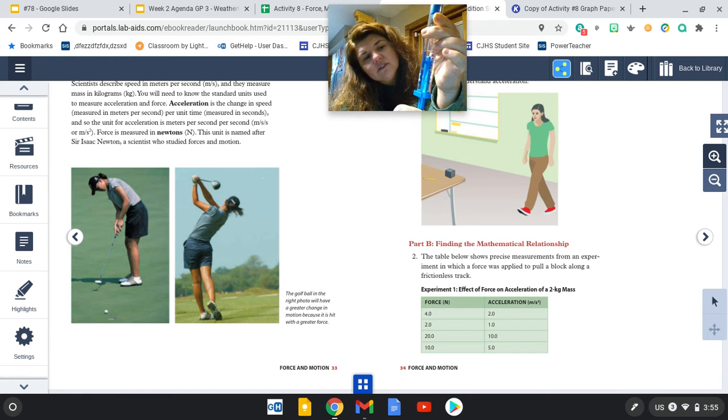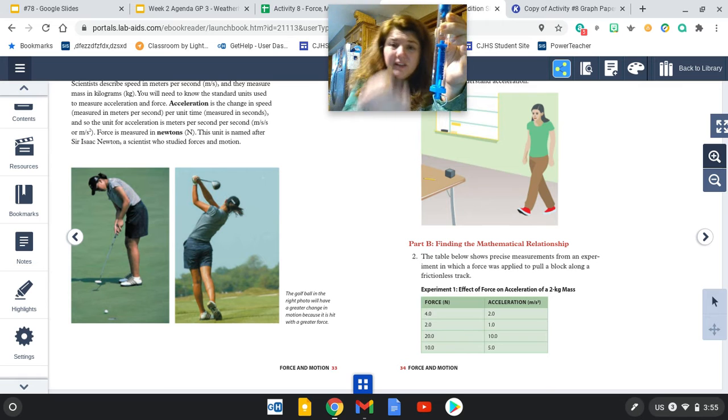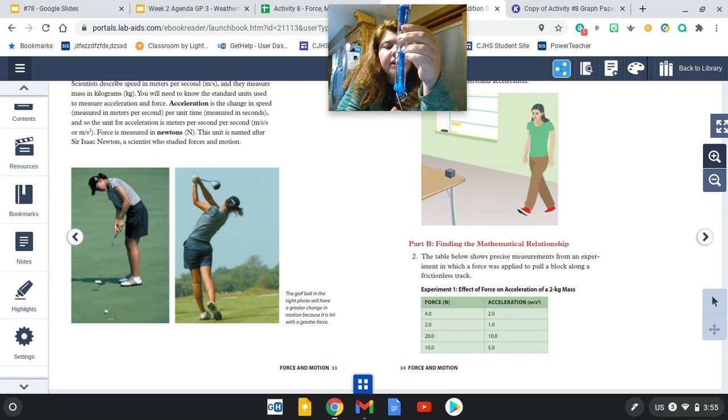If I continue to pull down on it and make it go down here, now I'm pulling with 2 Newtons of force. And I can feel like I have to pull harder.